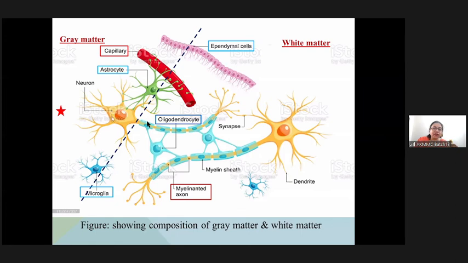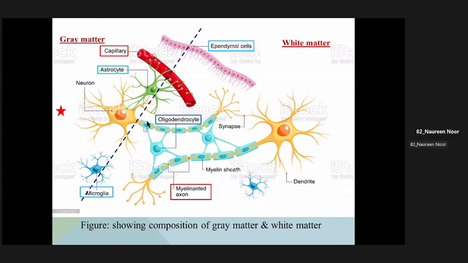What is this? Cell body of a neuron. And what are these? Dendrites. Cell body of neuron and dendrites. What is this?